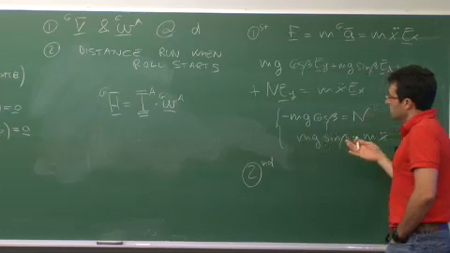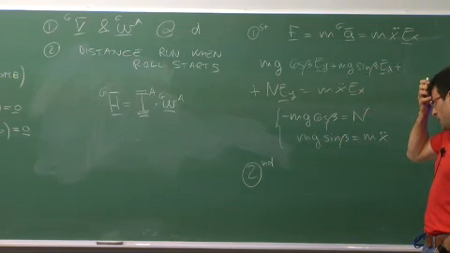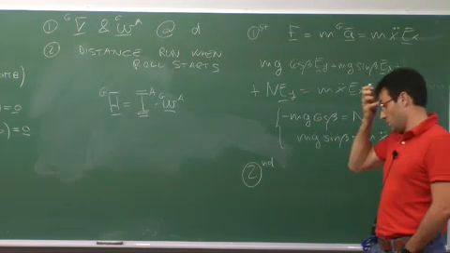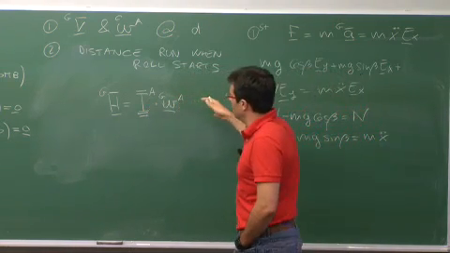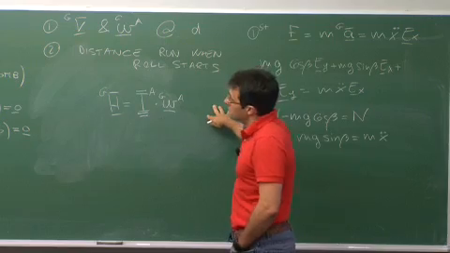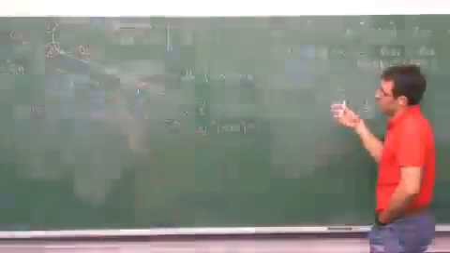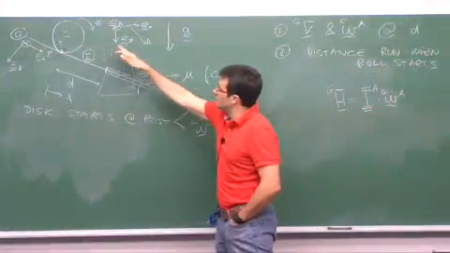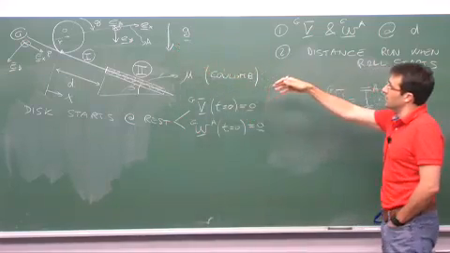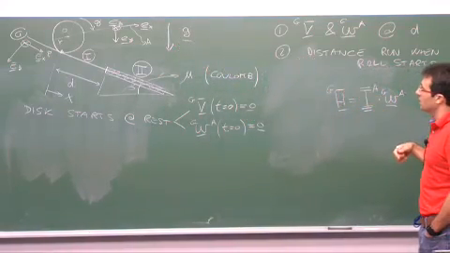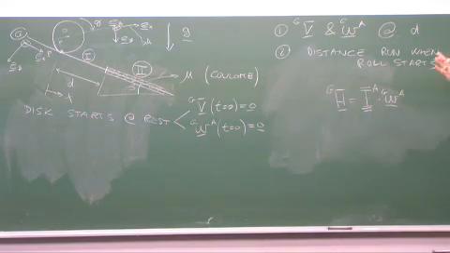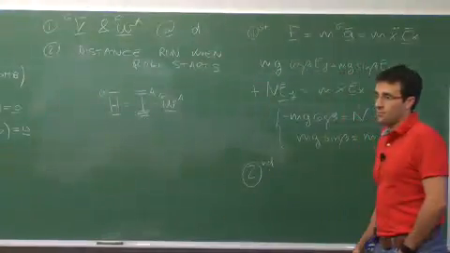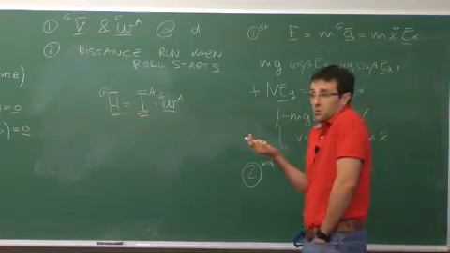Some people during the first test had issues with mixing up letters. After calling the disk the rigid body disk A, reference frame A, instead of being consistent and using A here, they will say R, because that's what I've used for rigid body.